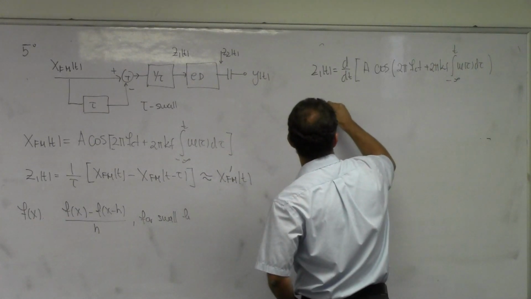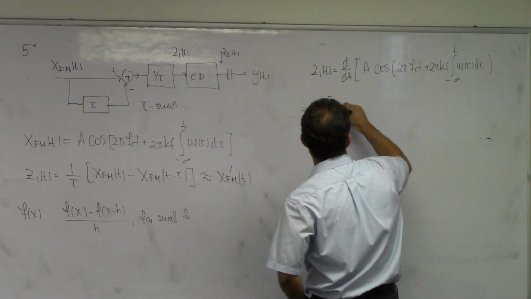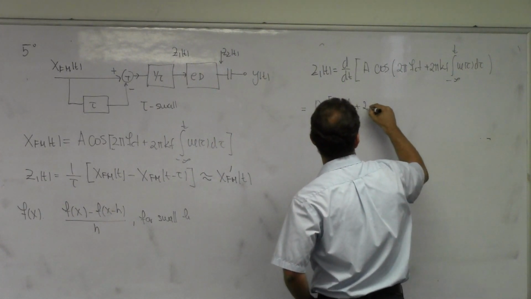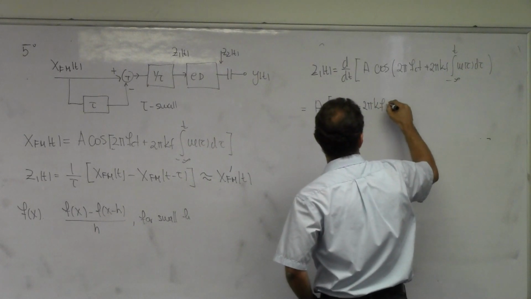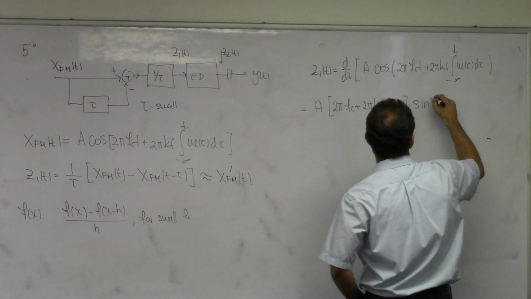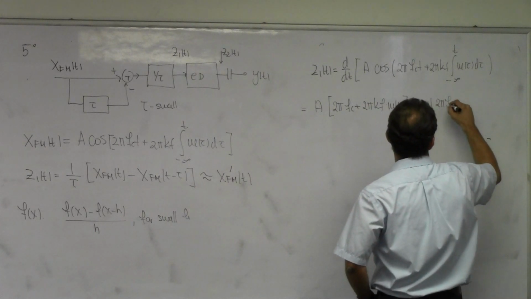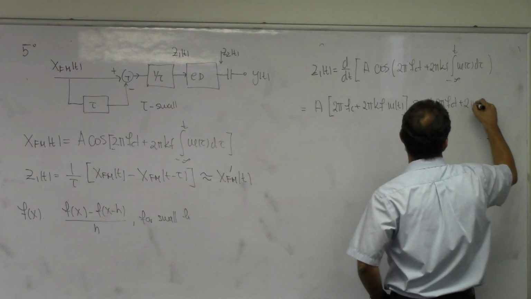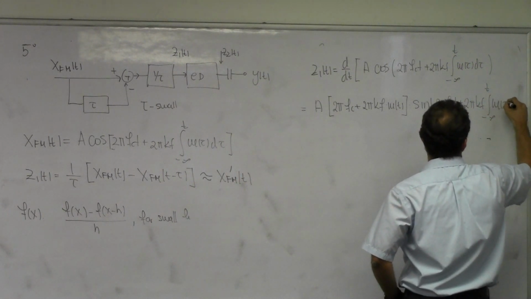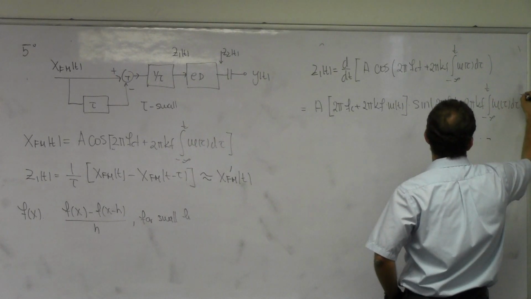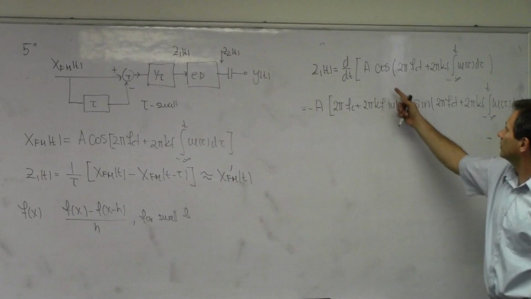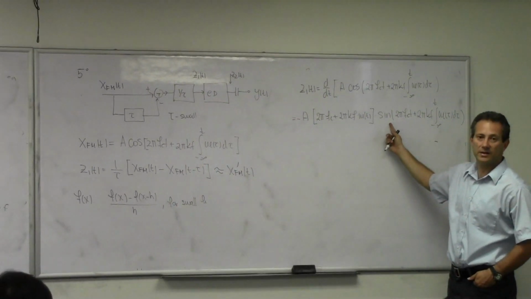A comes out as a constant, and the derivative of the first term is 2 pi fc plus 2 pi kf times m of t, times sine of 2 pi fc t plus 2 pi kf integral from minus infinity to t of m of tau d tau, and there is another minus, because the derivative of the cosine is really minus sine.